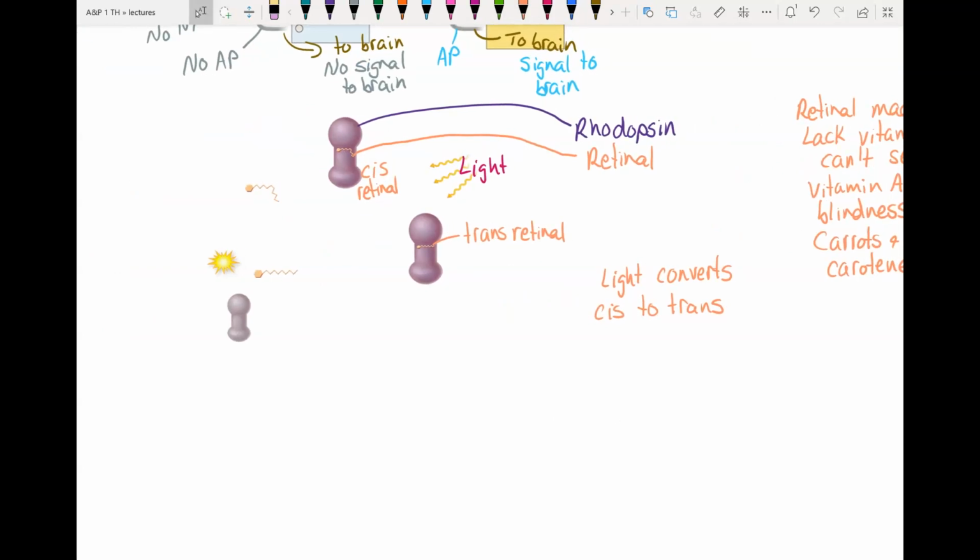When that happens, they dissociate. Notice now here is the trans retinol, and here is our rhodopsin. They're no longer together. They've dissociated. This is called bleaching.